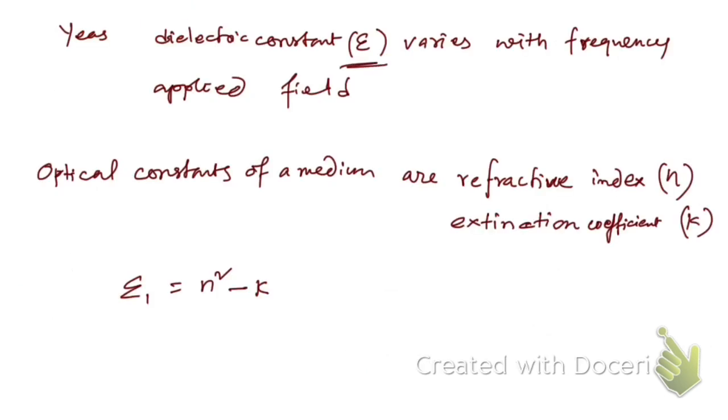The dielectric constant has two parts. One is real, and this dielectric constant is a function of the frequency of the applied field. So it has a real part and an imaginary part. This is the imaginary part, and this is the real part of the dielectric constant.